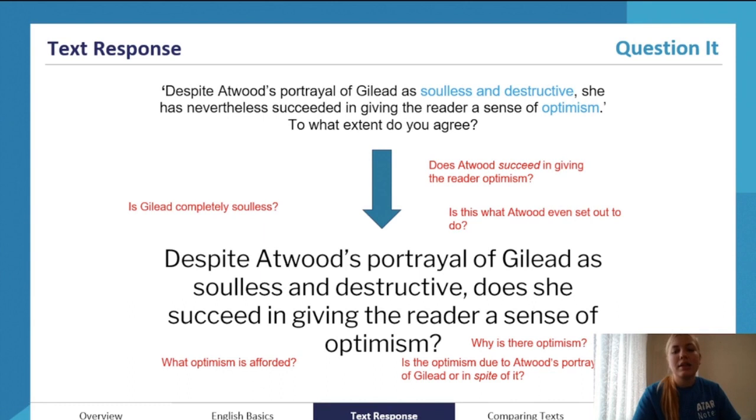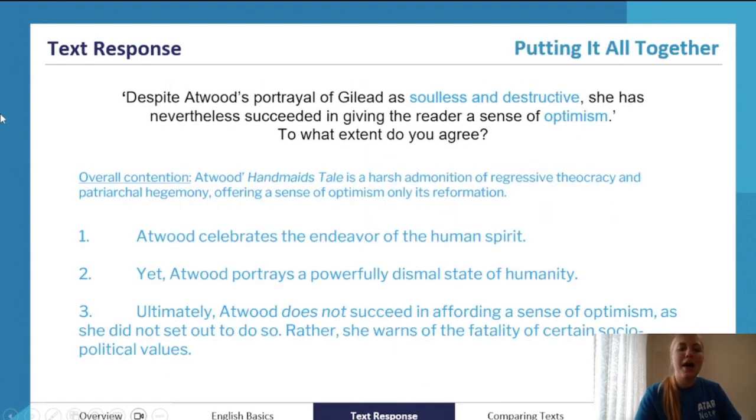Why is it there? Is the optimism due to Atwood's portrayal of Gilead, or is it despite the way that he's portrayed that we still see optimism? Obviously, thinking along those lines, it's probably definitely despite how he's portrayed rather than optimism is a cause of him being portrayed as soulless and destructive, right? It seems pretty intuitive.